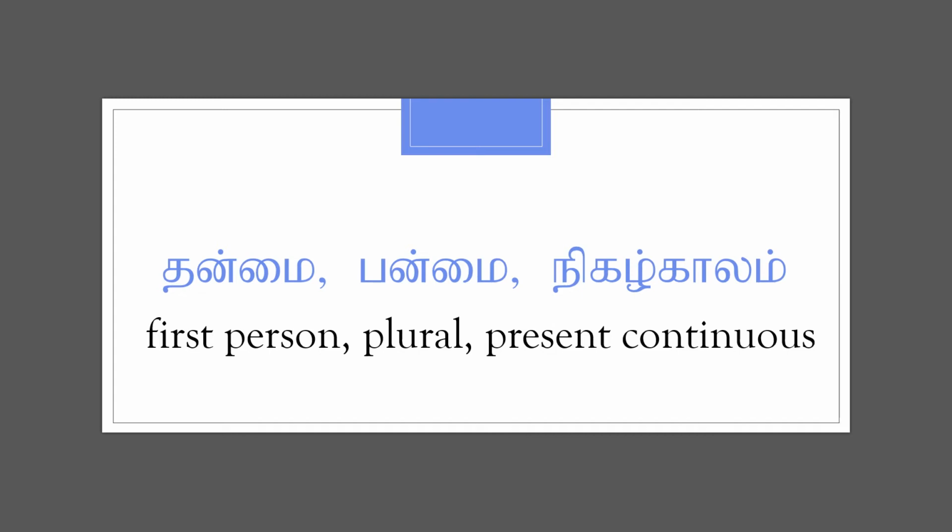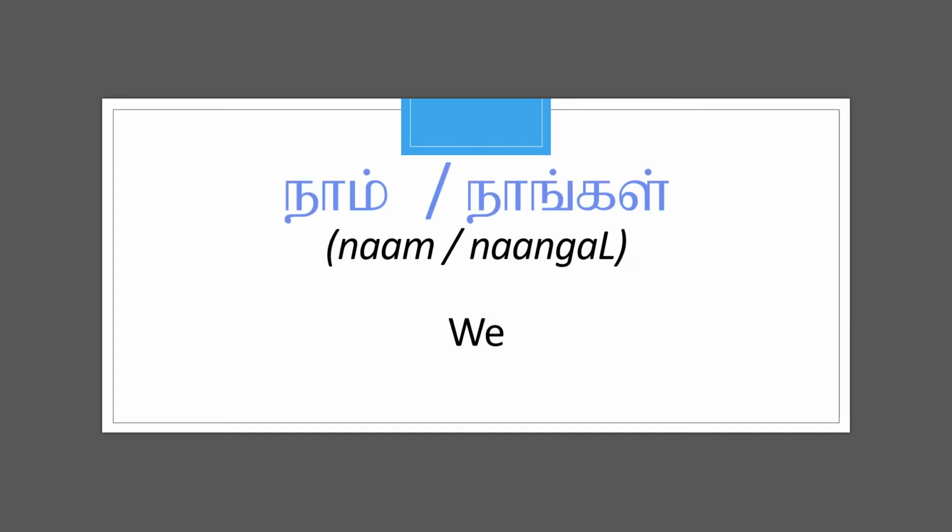Now let's look at using verbs in தன்மை, பன்மை, and நிகழ்காலம், first person, plural, and present continuous. நாம் or நாங்கள் means we.